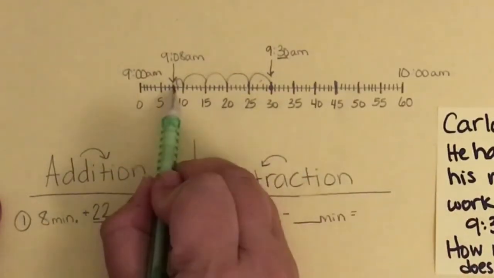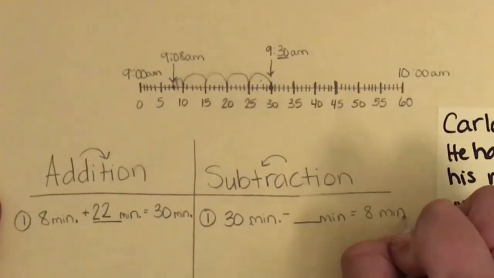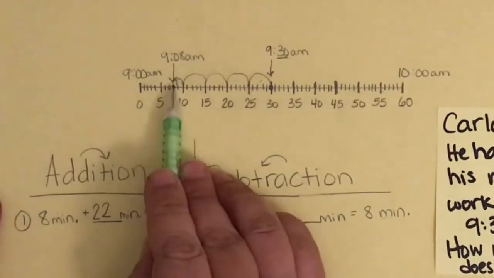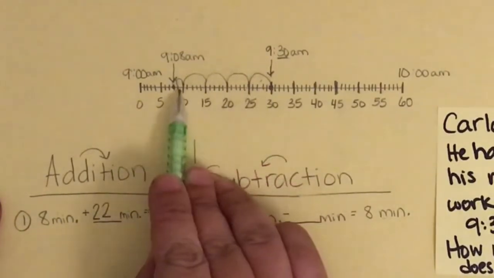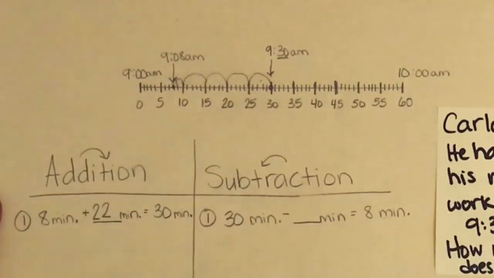And that's going to land us at 8 minutes after 9. So 30 take away something equals 8. From our previous problem, we know that the answer is 22. Your answer should be the same if you're adding or subtracting because it's the same amount of space in between the two numbers. But let's go ahead and check that just to make sure.